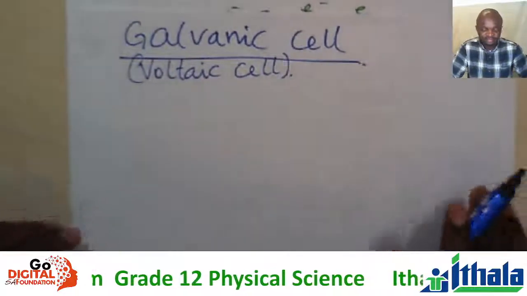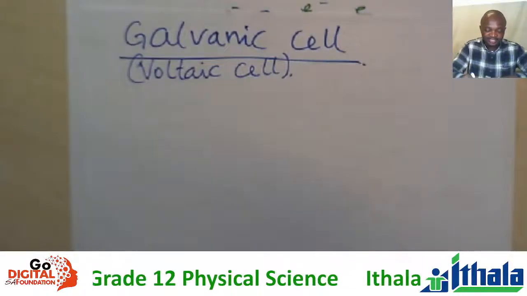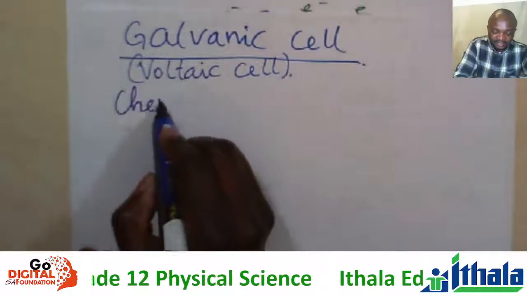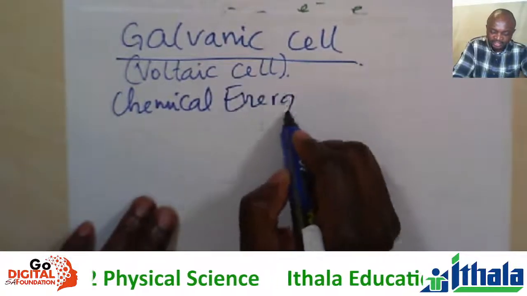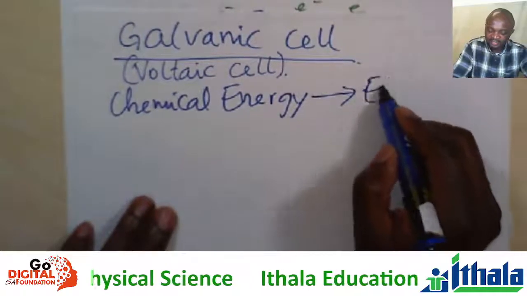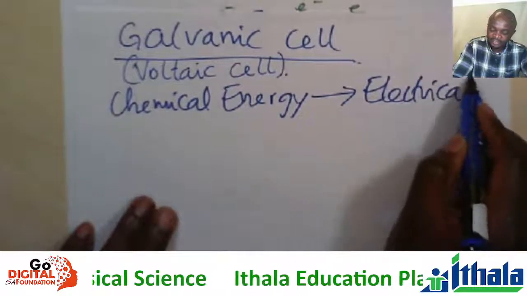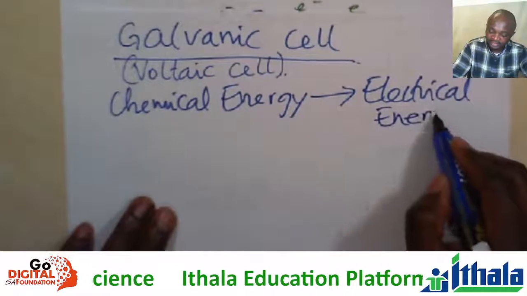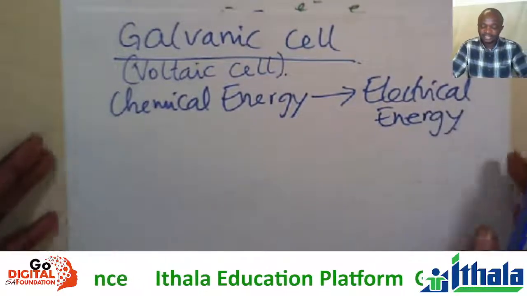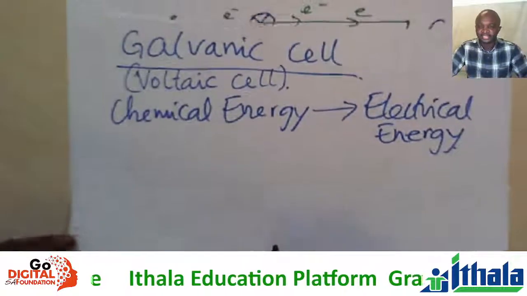Galvanic cell. U-galvanic cell is simply what? A chemical cell that transforms a chemical energy into electrical energy. Yona galvanic cell. It converts chemical energy into electrical energy.